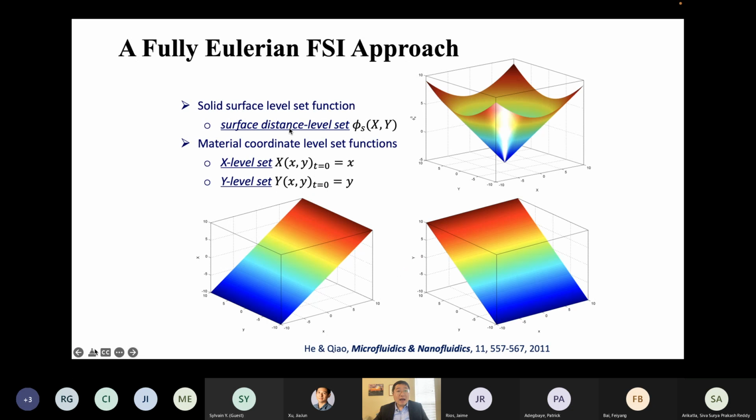We have a surface interface, and this is a description of the surface interface. It's actually a distance: how far away the location is from the interface. And then we also have material coordinates. In this case, we have X and Y. Those are very simple.